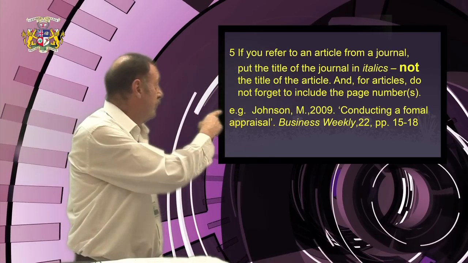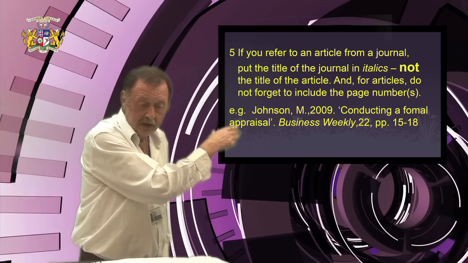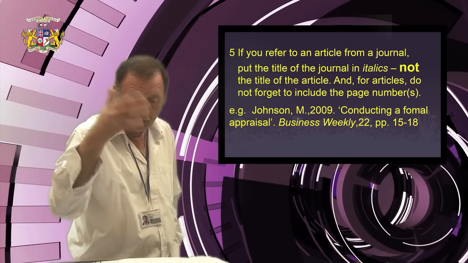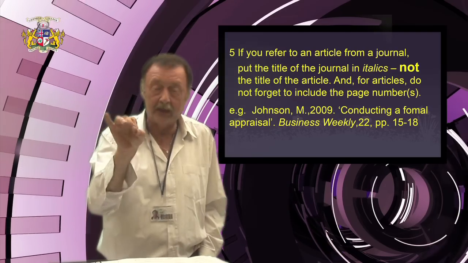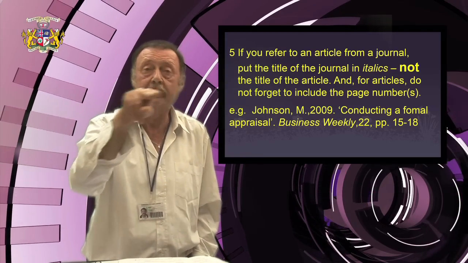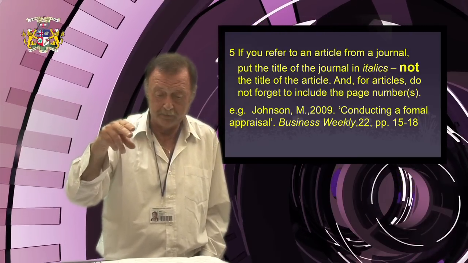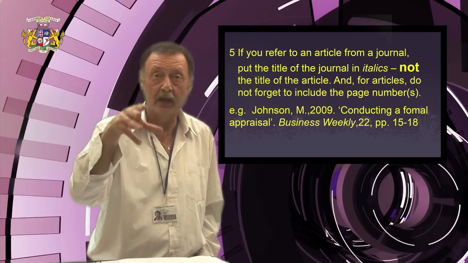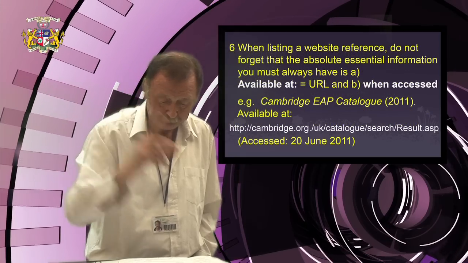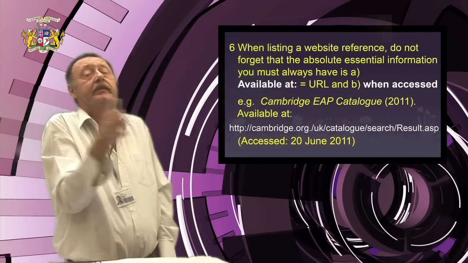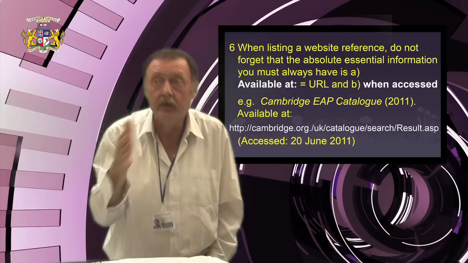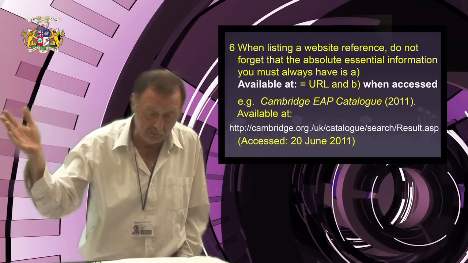Look at the example. You see there with Johnson, 2009, conducting a formal appraisal, Business Weekly, that's the name of the journal, that goes in italics. And then notice also the page numbers. You'll get there with your style guide, but it's worth remembering. Number six, and for most of you the most important, you'll be using the internet all the time.